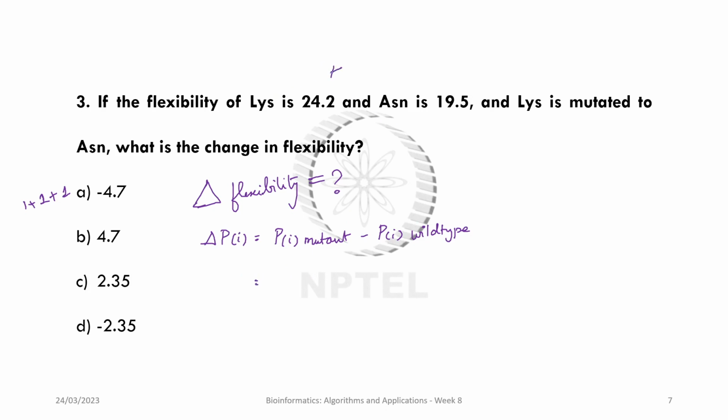So, this is lysine to asparagine, right? So, you will put in the value for asparagine, 19.5 minus 24.2, which will be negative 4.7. So that gives you option A.